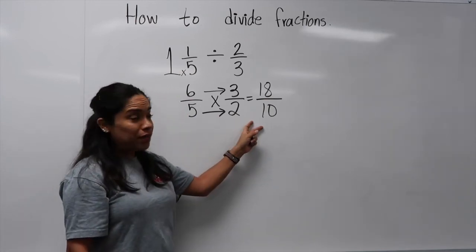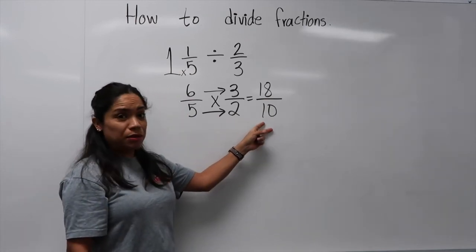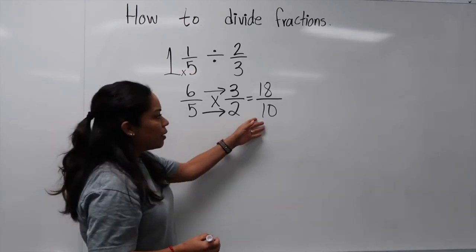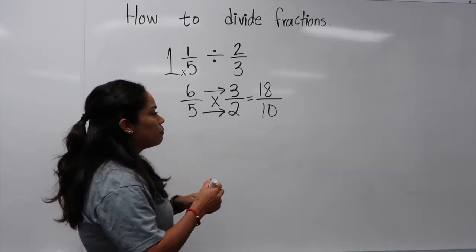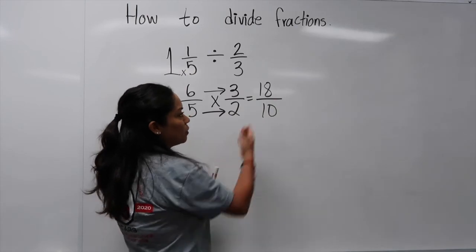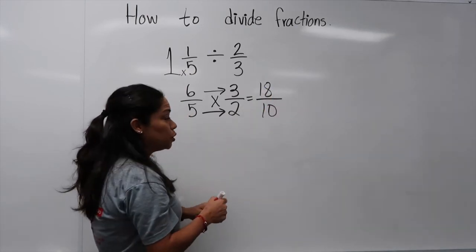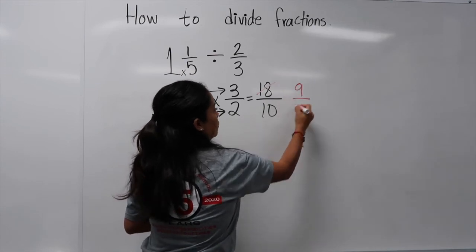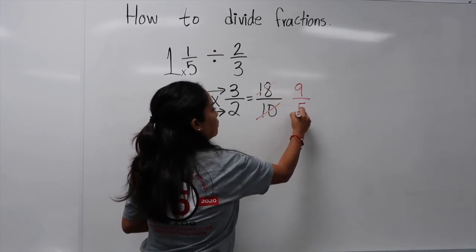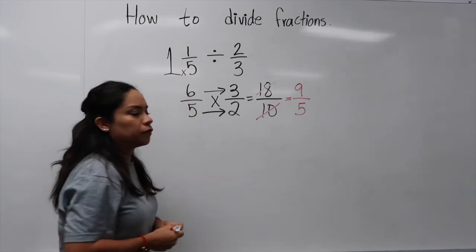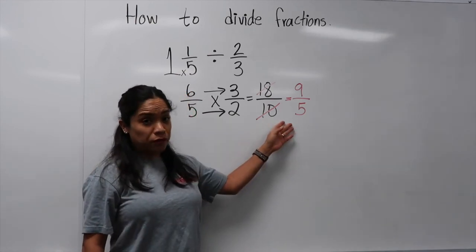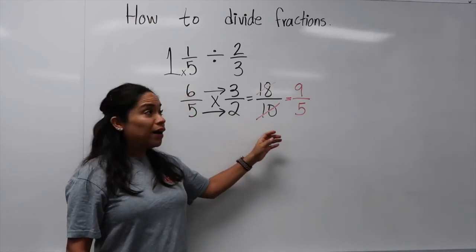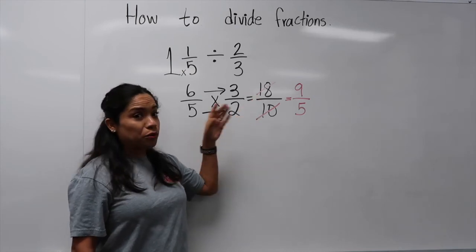Now that we have our answer, we're going to have to simplify. Here, you can simplify it by cutting these in half or dividing top and bottom by 2. You can do this first if you want, or you can divide the numerator by the denominator right away.